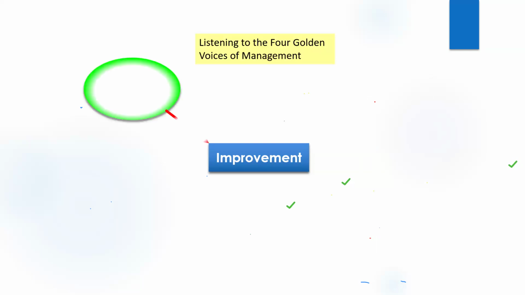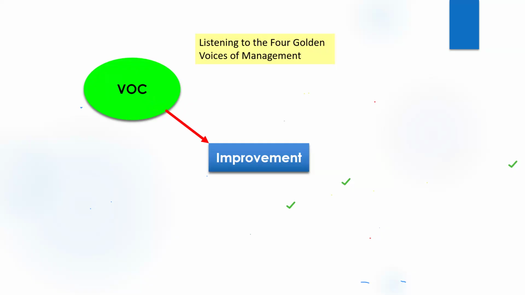So some people have already written. That is correct. It is said that there are four golden voices of the management. One is called voice of customer. That is very, very important. So first is called VOC, and VOC means voice of customer.